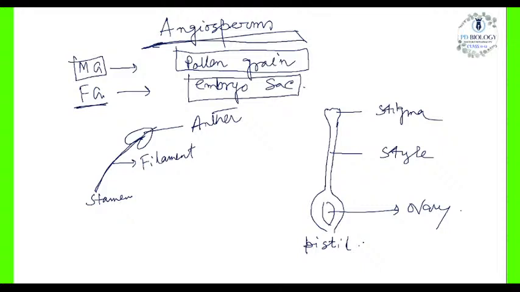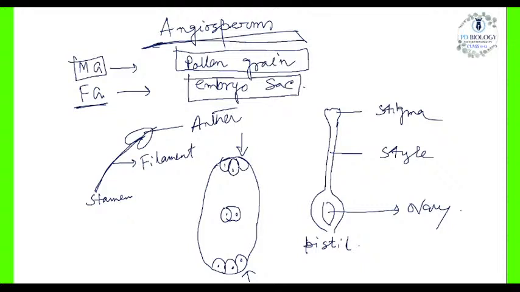Embryo sac possesses one oosphere. You can remember the embryo sac has the micropylar end and chalazal end. At the micropylar end, one is the ovum and two synergids are there, along with the definitive nucleus, and at the chalazal end, the three antipodal cells are there.